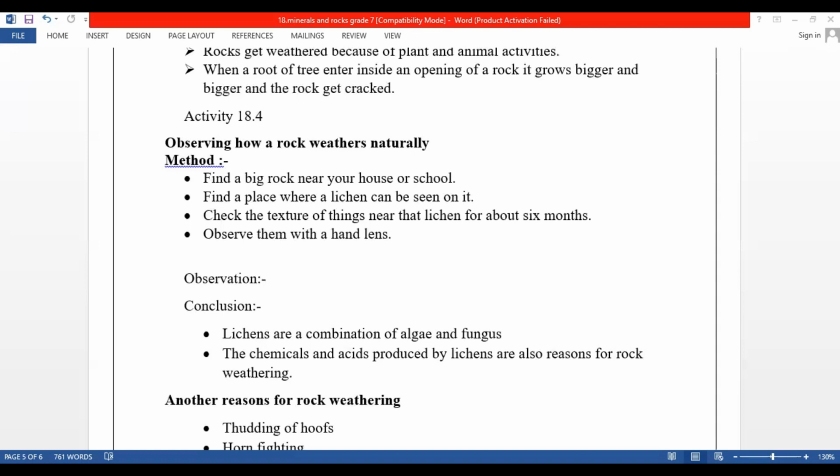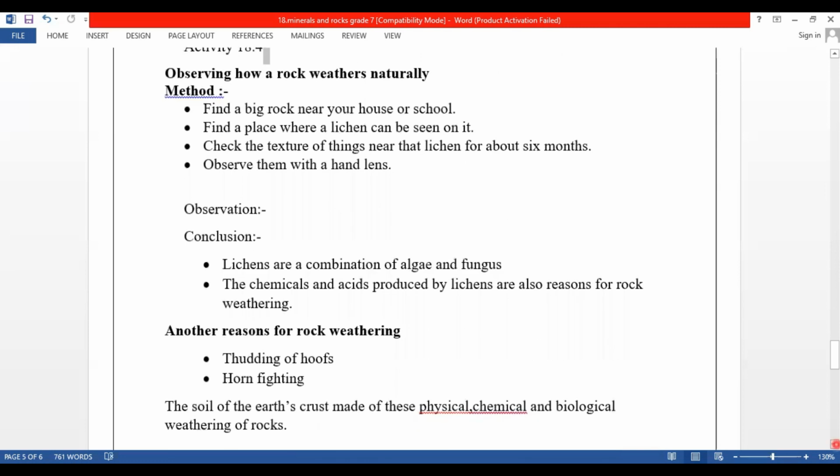And we will check the texture of things near the lichen for about 6 months and observe them with a hand lens. You can see in some places of rocks, these lichens have grown. You have to check the surroundings of the lichen after 6 months.